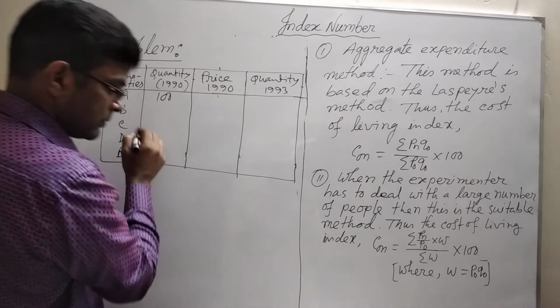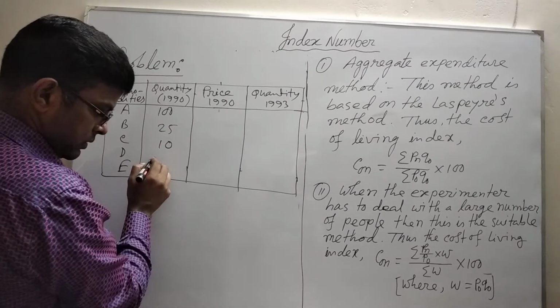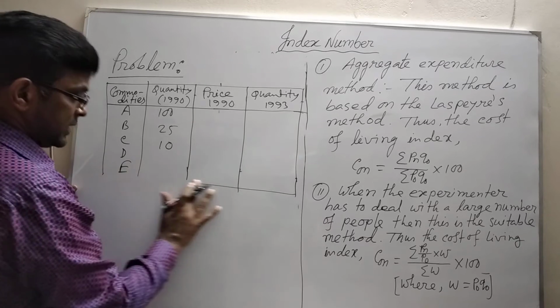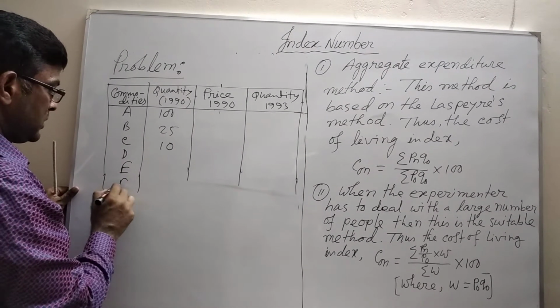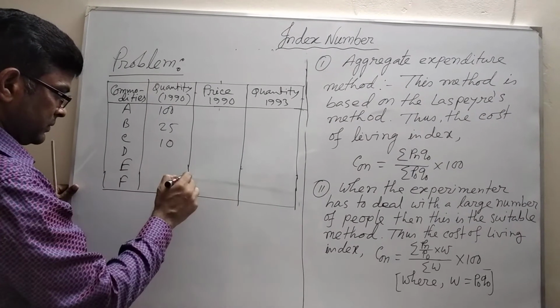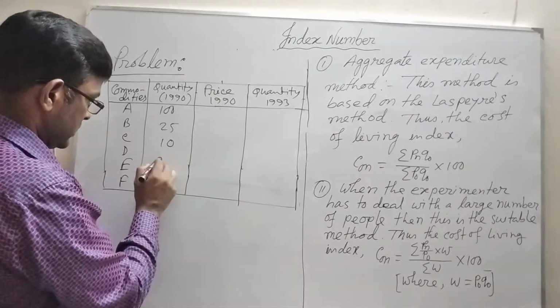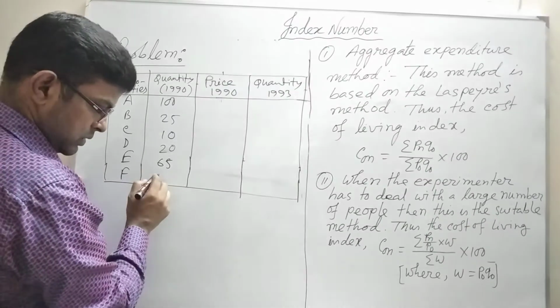Quantities: 100, 25, 10. Plus, we have to draw 6 commodities, F, extended by one. 10, 20, 65, 30.